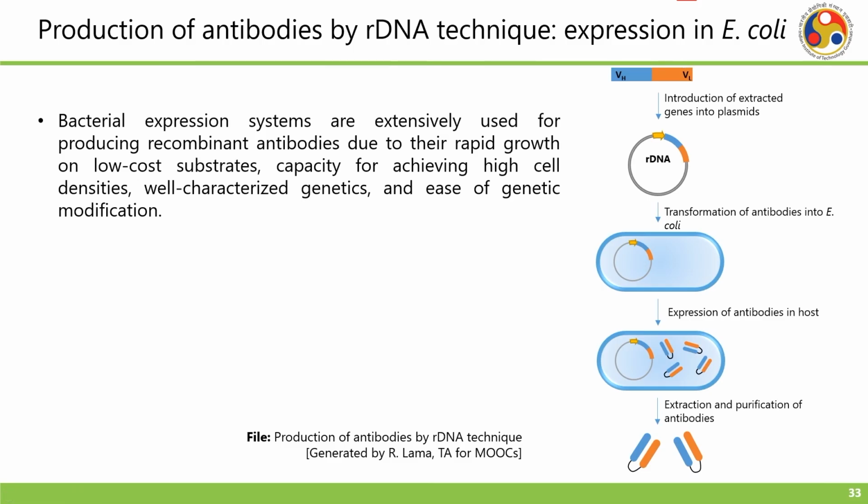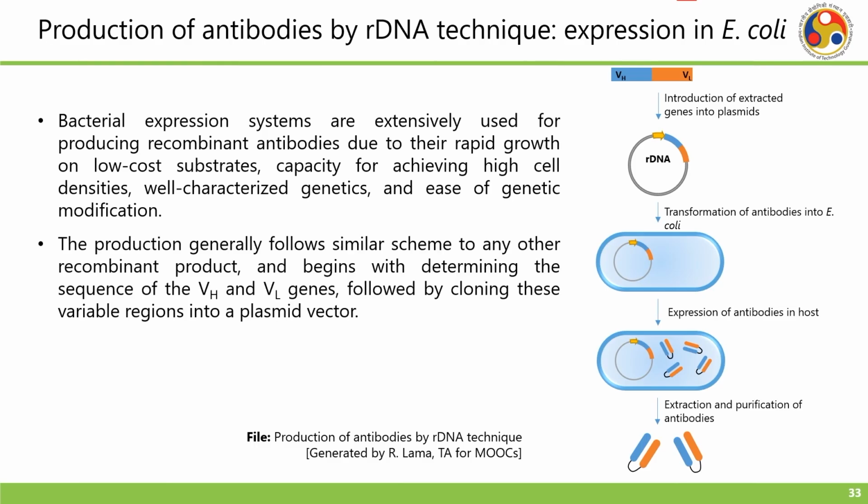Bacterial expression systems are extensively used for producing recombinant antibodies due to their rapid growth on low cost substrates, capacity for achieving high cell densities, well characterized genetics and ease of genetic modification. The production generally follows a similar scheme to any other recombinant product and begins with determining the sequence of the variable heavy and variable light genes, followed by cloning these variable regions into a plasmid vector.